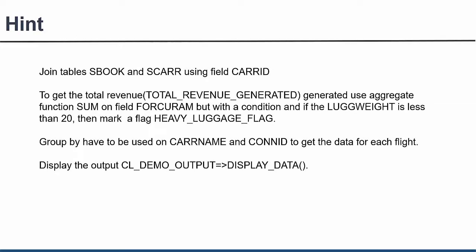Total revenue is calculated using aggregate function sum on the field for column and group by carrier name and connection ID to get the data for each flight. The flag is marked if luggage weight is more than 20. Finally, display the output.